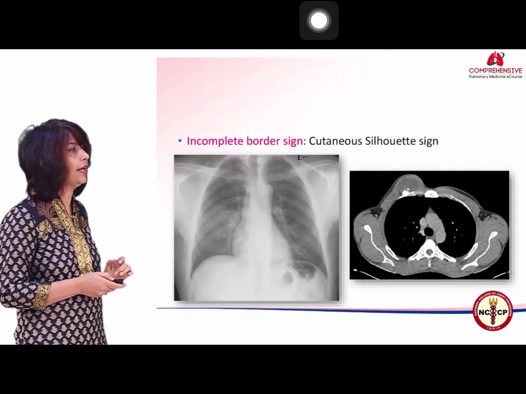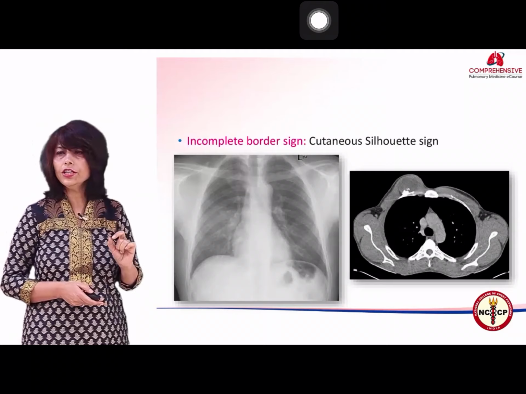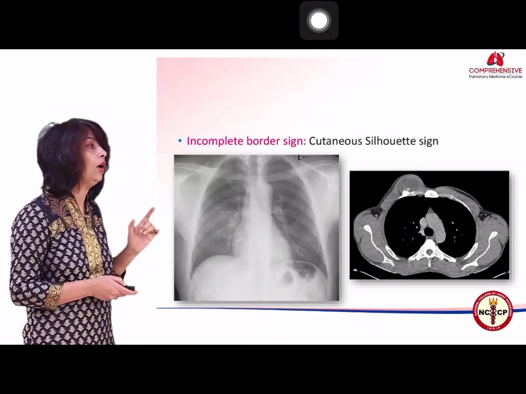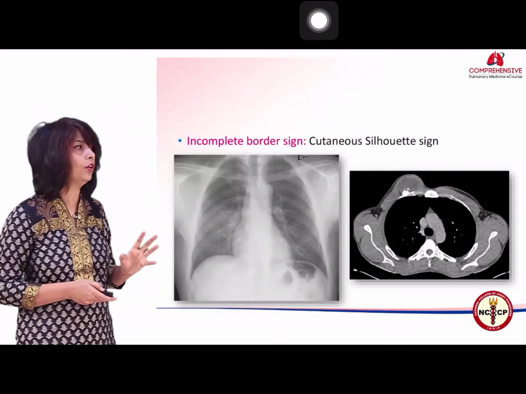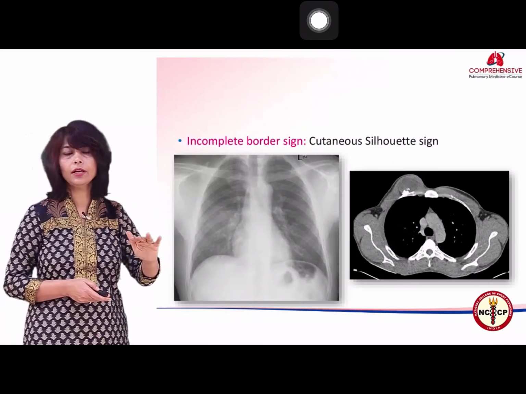Similarly, an example of the incomplete border sign. Whenever a lesion is in the chest wall, however well defined some of the borders will look, there will be a border which will completely blur out.